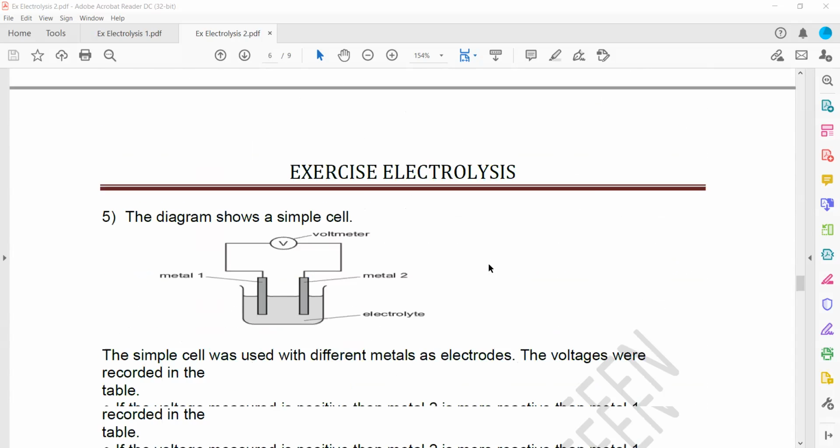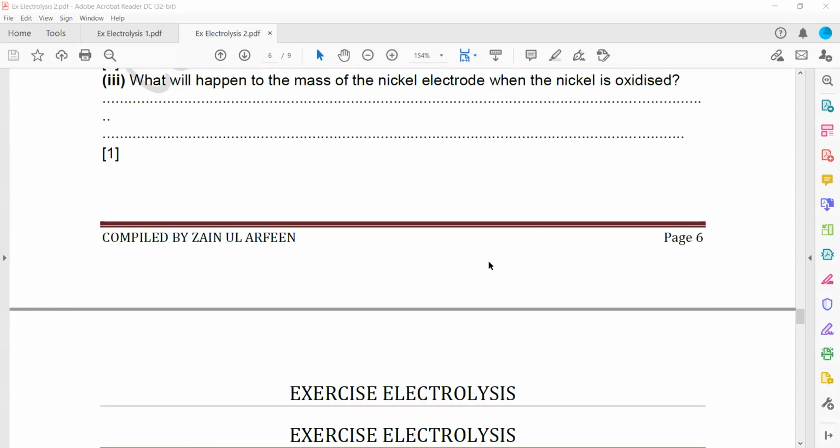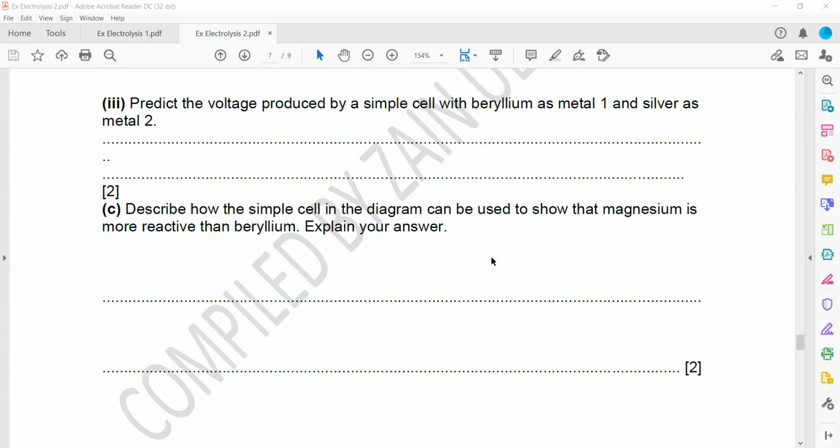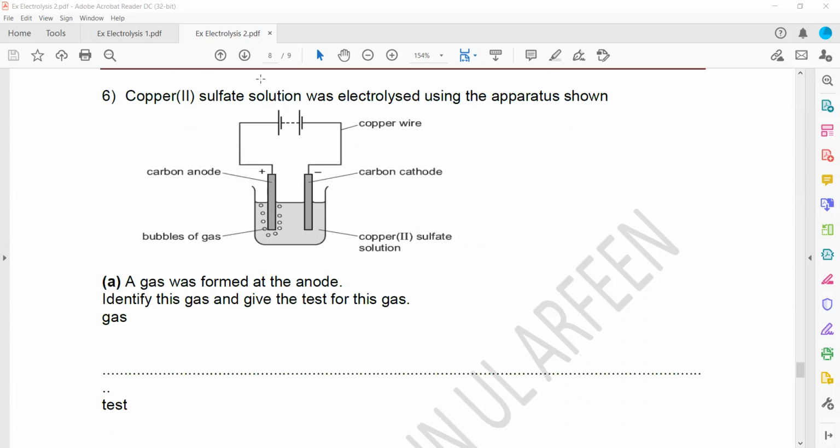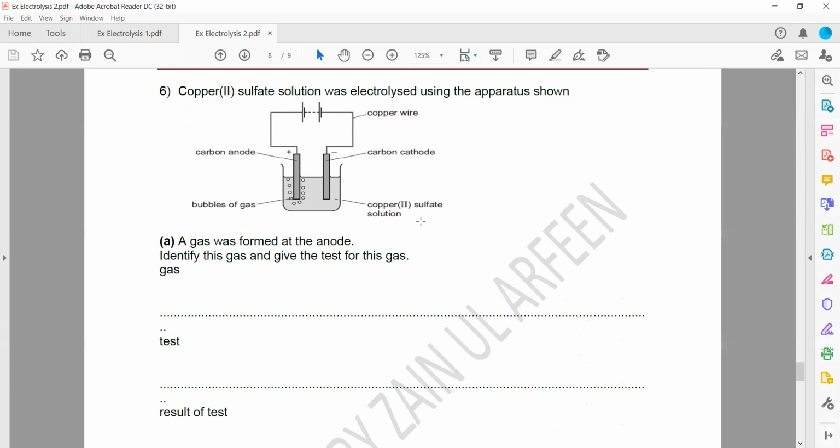This question is about the chemical cell, where copper 2 sulfate was electrolyzed using the apparatus. It contained copper ions, sulfate ions, hydrogen ions and hydroxide ions.